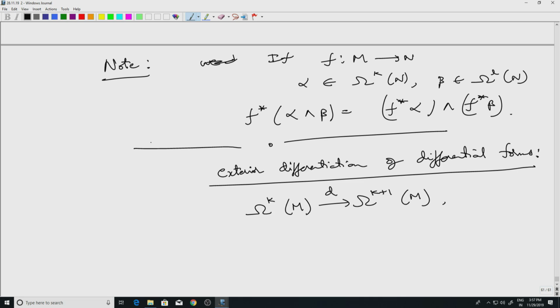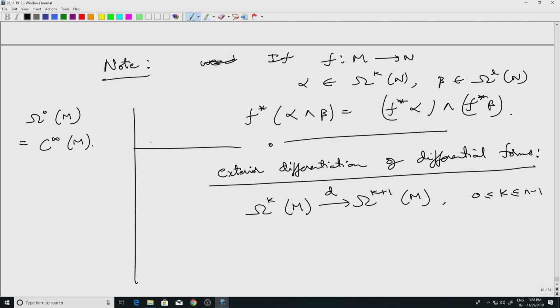So this will be defined for each k with 0 less than or equal to k less than or equal to n minus 1. Incidentally, I should mention that Omega^0(M) is the space of 0-forms. By convention, one takes it to be just the space of functions on M, and the reason for this convention has to do with this d operator.